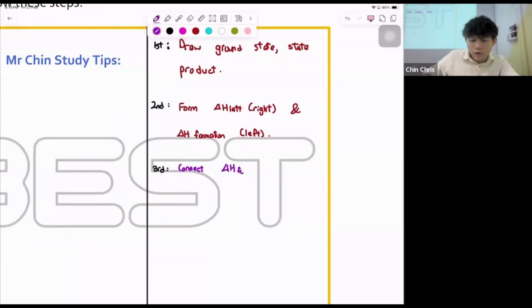All right, guys, connect your delta H formation to delta H lattice.